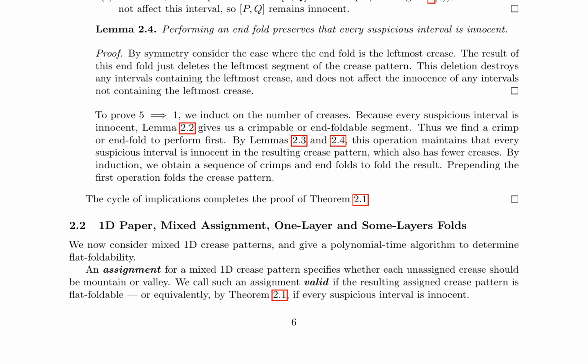The process of identifying and resolving suspicious intervals continues until no more such intervals remain, at which point the crease pattern is deemed flat-foldable. This process forms the basis for a polynomial time algorithm to determine the flat foldability of mixed 1D crease patterns, as discussed in the subsequent section of the paper.